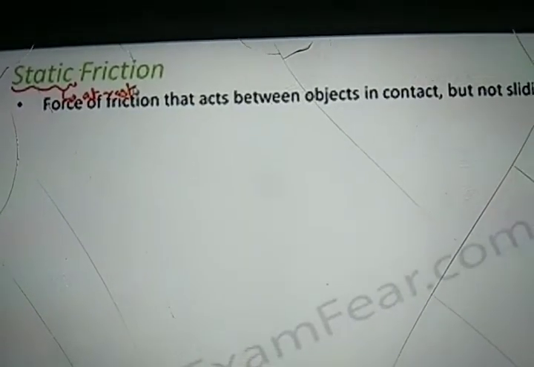When an object is not moving, there is a force of friction which is still acting on that object. That is why it is not moving, no? So a force of friction which is acting on an object which is not moving, as long as it is not moving, is known as static friction.